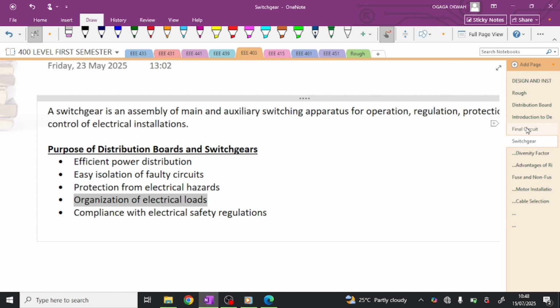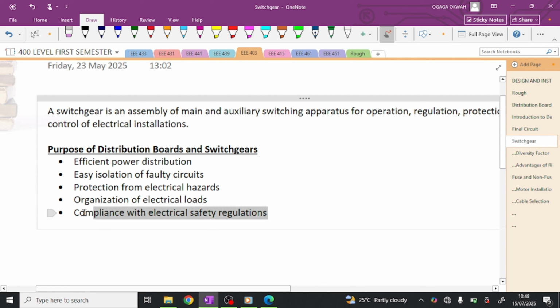It's the final part, where you take it out of the switch gear to your different loads. Then compliance with electrical safety regulation. We talked about IEE, that they have their regulation. So in compliance with that regulation, that's the purpose of having a switch gear.